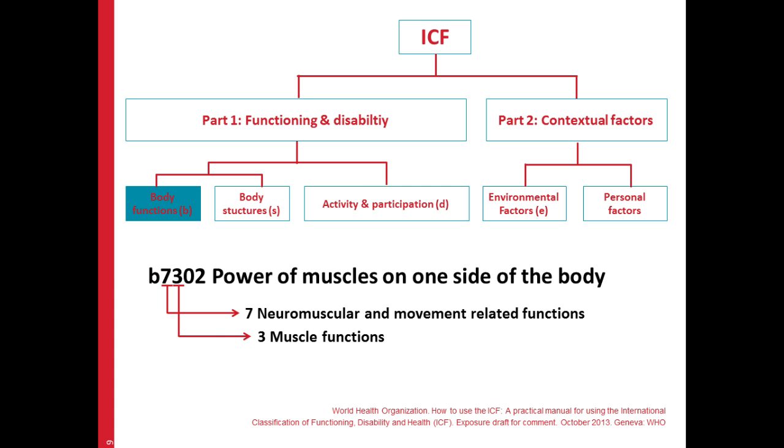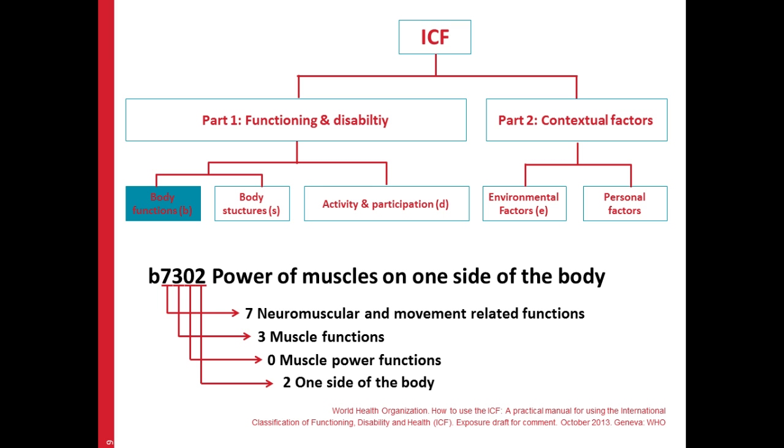The 3 relates to muscle functions within the chapter. The 0 relates to muscle power functions. And the 4 indicates that this refers to muscles on just one side of the body. A similar system of coding operates within the other chapters, and we'll look at it in a little bit more detail in a moment.